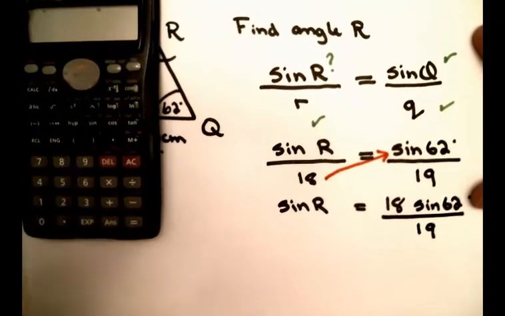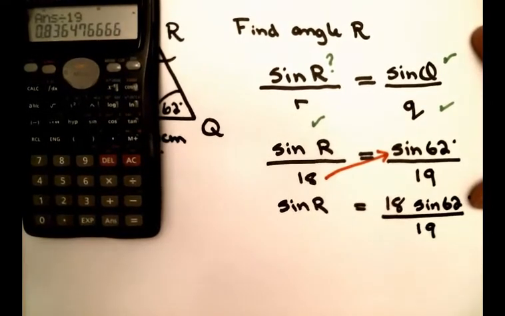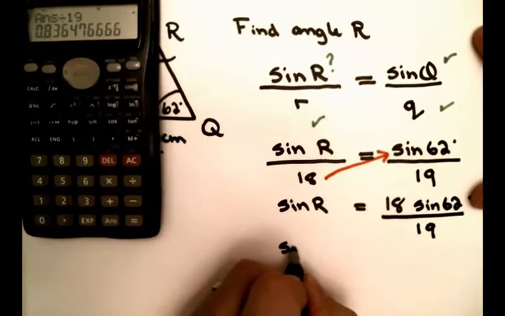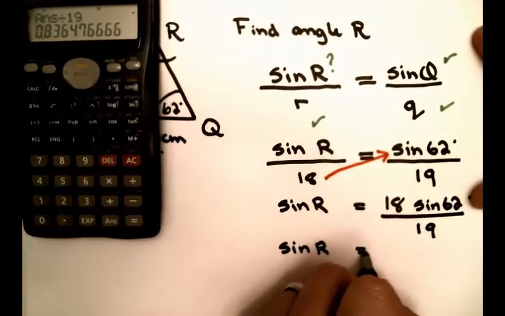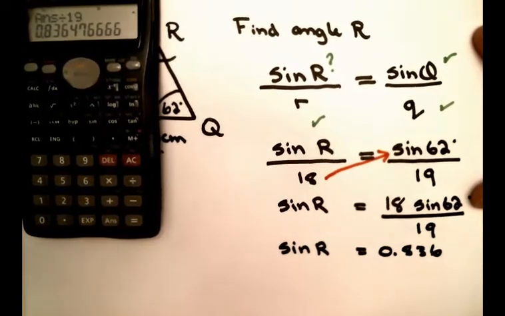I can hit equal there, and then I can divide that by 19, and I get 0.836. So sine r is equal to 0.836. You want at least 3 decimals, maybe more. It can help. 3 is enough because you're going to go with whole number angles.